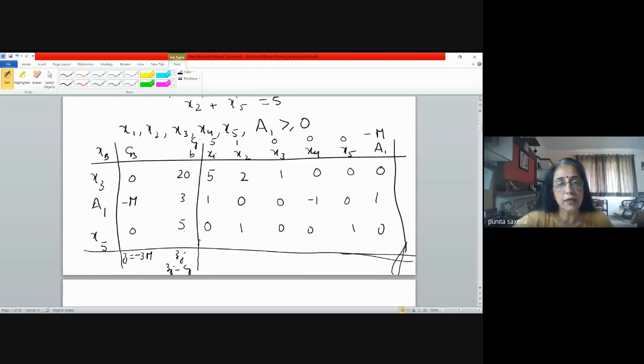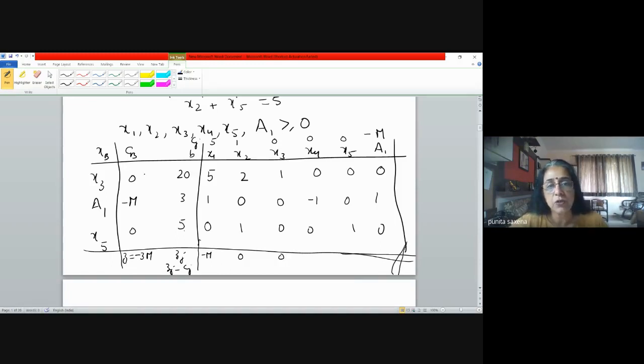So for z1, it's going to be 0 into 5 plus minus M into 1 plus 0 into 0, so it makes it minus M. Similarly, what about the second? x2, it's going to be 0, 0, 0. x3, again 0. x4: now look at x4.